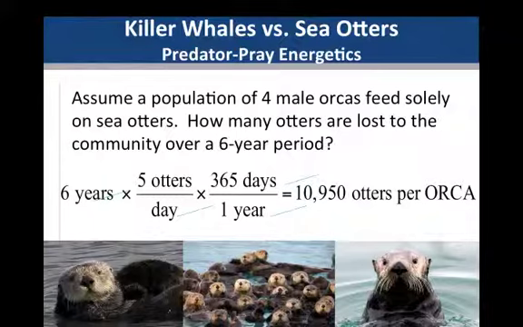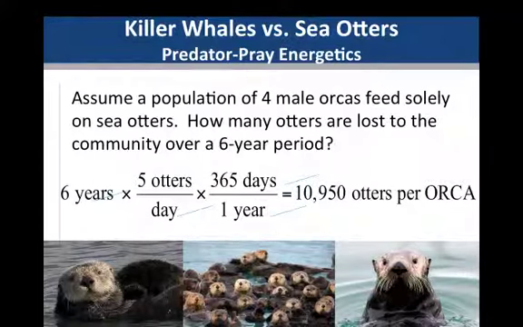And so what we find is for every orca, and I guess I need to adjust my blue arrows that are supposed to be crossing out these numbers, for 6 years, 1 orca is going to eat 5 otters every day for 365 days. So this 1 orca is going to eat 10,950 otters per orca.